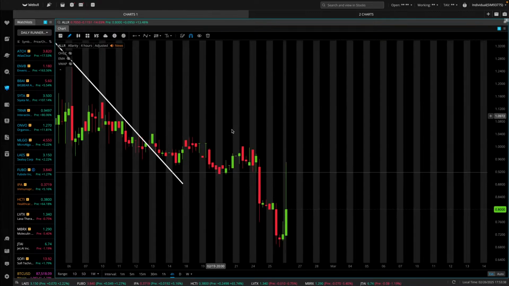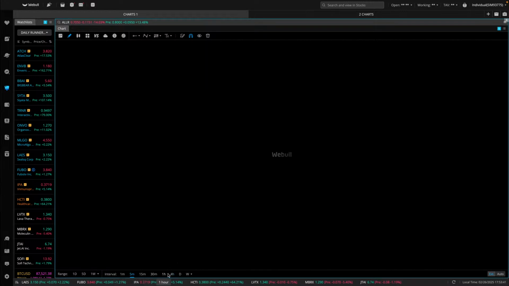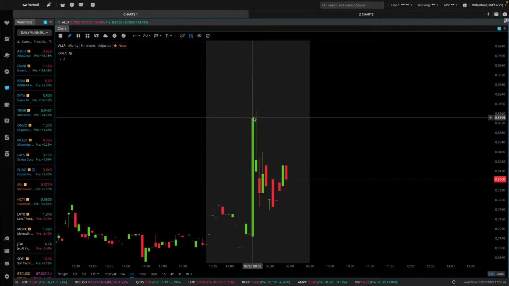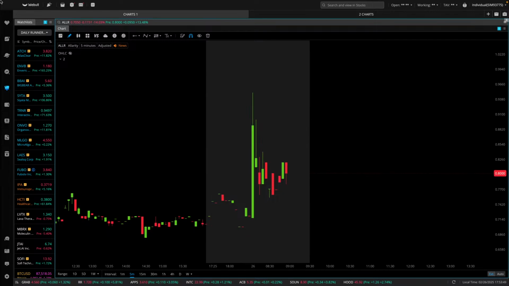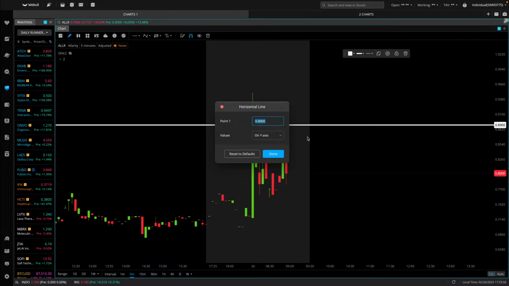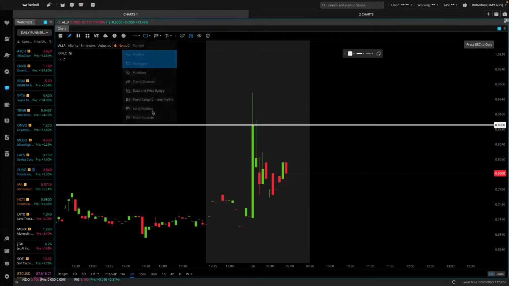ALLR, what's happening with ALLR? ALLR always tries to run up and then just comes down. Difficult situation here. It's not enough volume for me. Maybe a 5-minute close above 0.89, you can look for an entry.